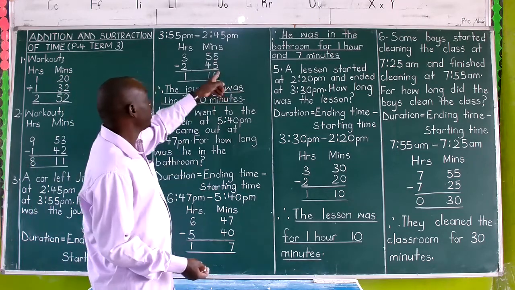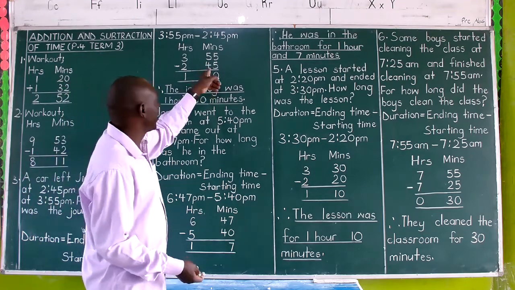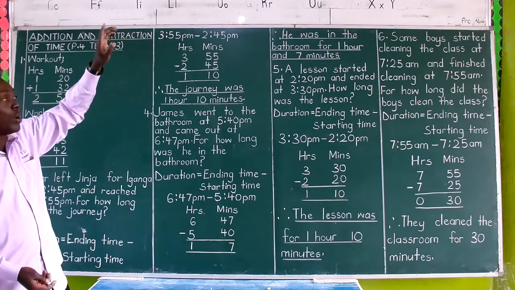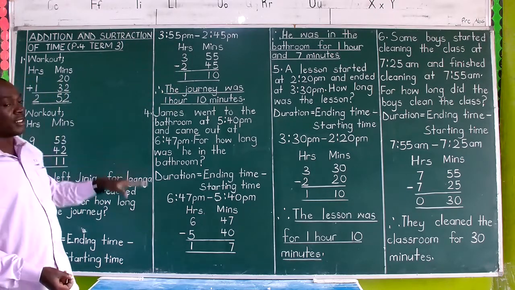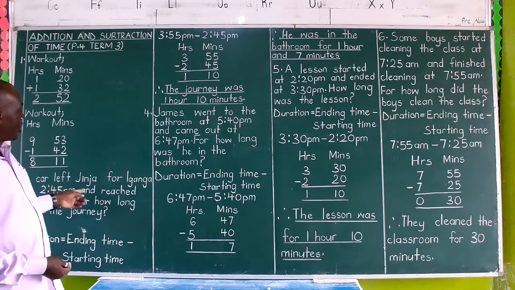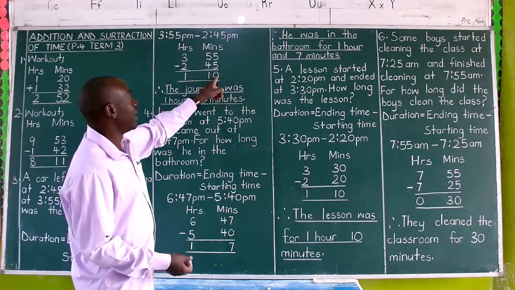Good. 0. 5 minus 4, 1. Then 3 hours minus 2 hours, 1. So for how long did the driver do his duty? From Jinja to Iganga, he drove for 1 hour and 10 minutes.